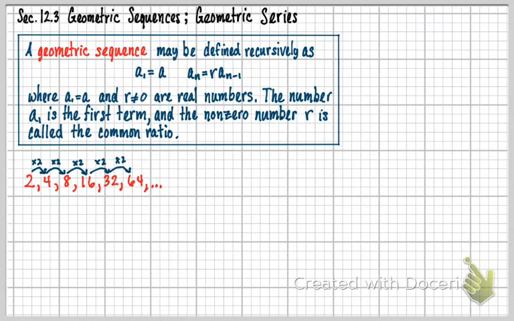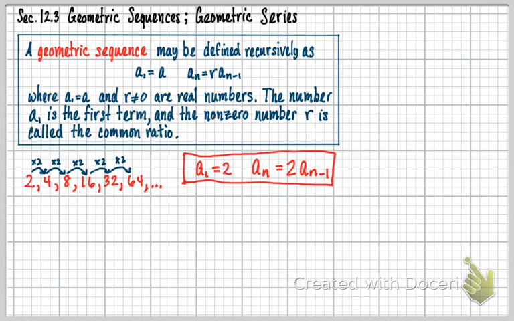So that's really my formula. A1 is 2, and An equals, and my R is 2, so 2 times An minus 1. That's it. That would be the recursive formula for that sequence.